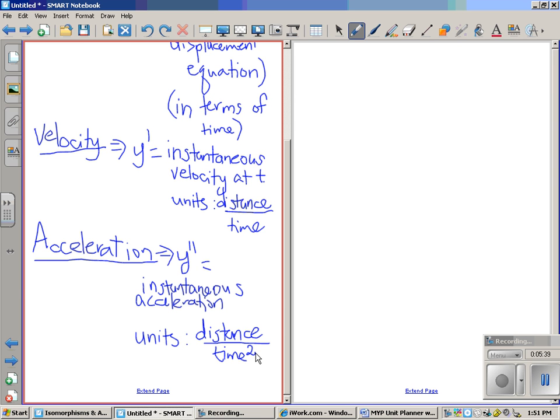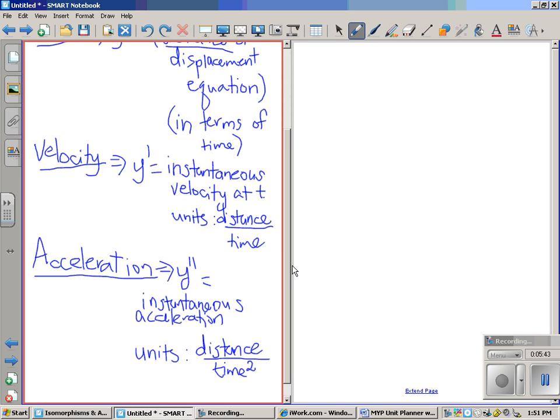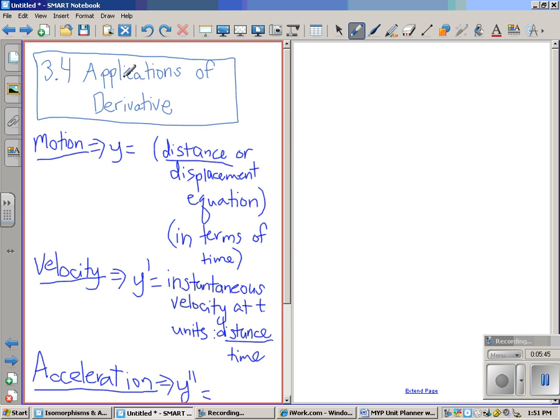And that is our unit of acceleration. So it's very exciting that we can take this math concept, derivative, and apply it now to Newtonian physics. Newton was the person when it came to this sort of physics, the physics of motion and of calculus, because the two things are so intimately related.